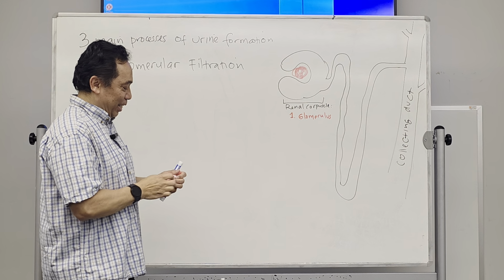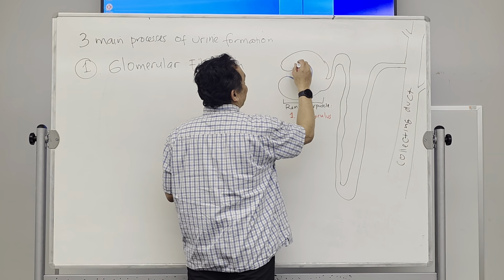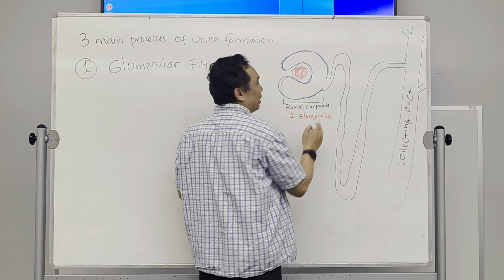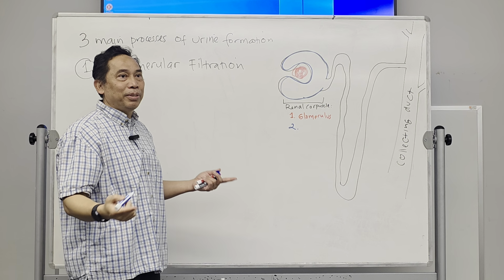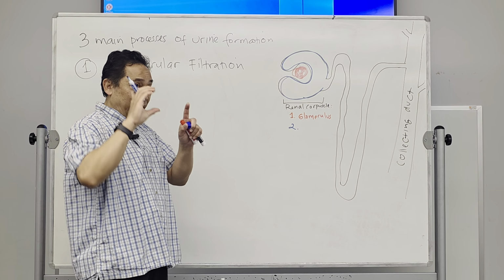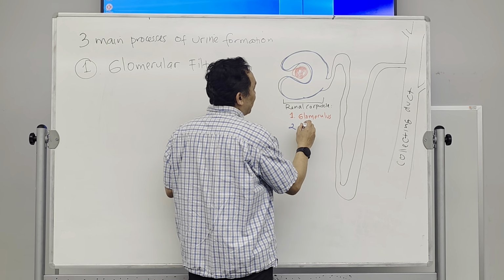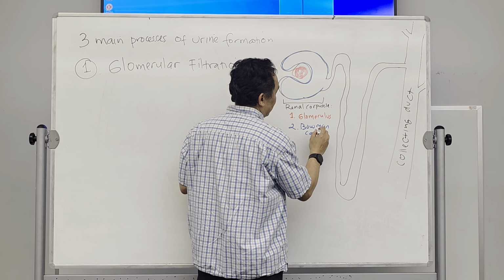And the second part, I'm adding the blue color now. That blue part is the capsule. Looks like a capsule, therefore it's called the capsule. So it's called the Bowman capsule.